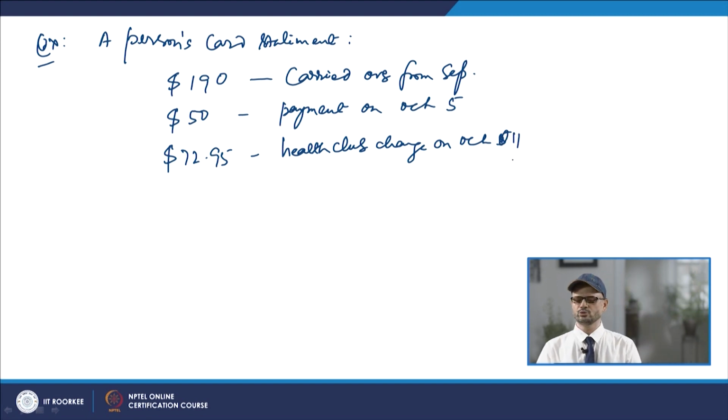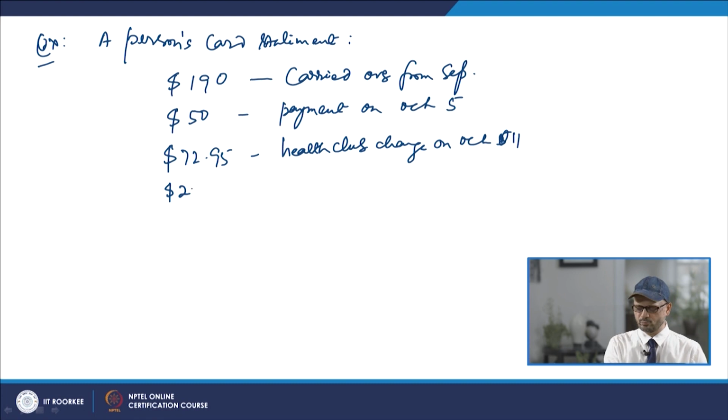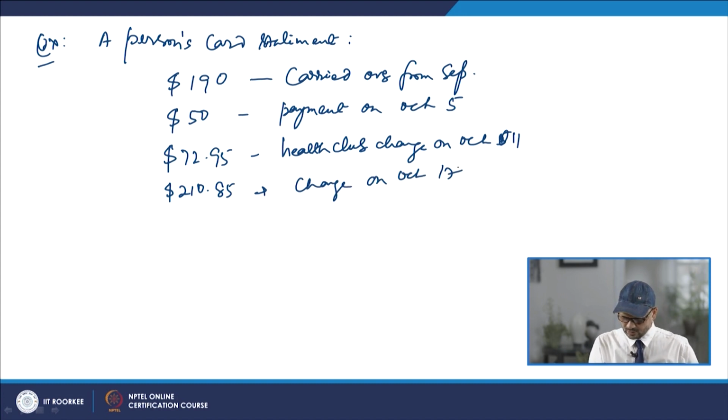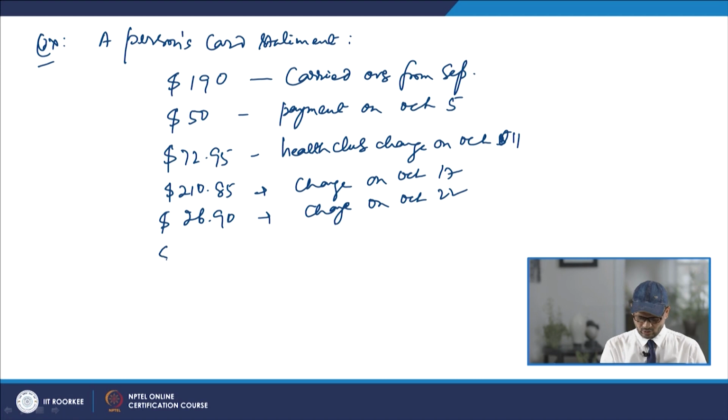Further, all these details will be there for the whole month: $210.85, a charge on October 17. Then $26.90, again a charge on October 22, and in the end $18.75, also a charge on October 29.